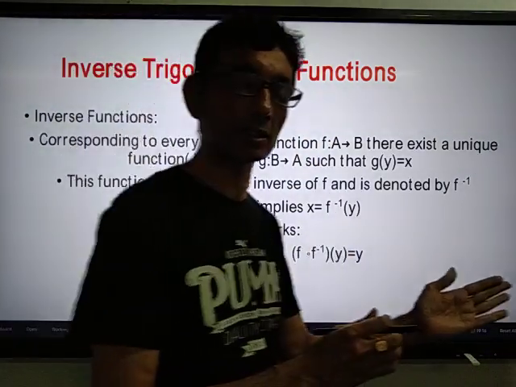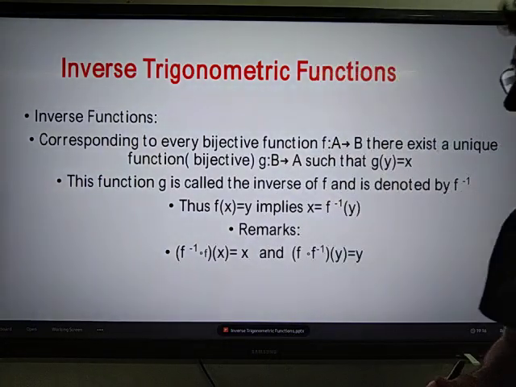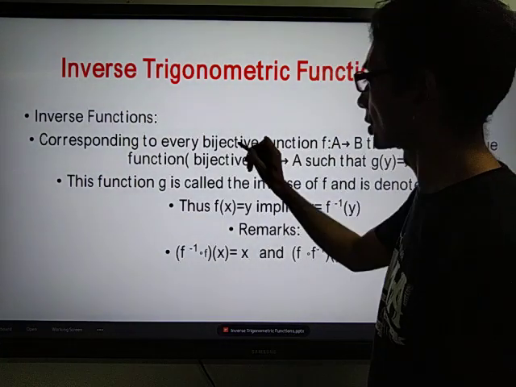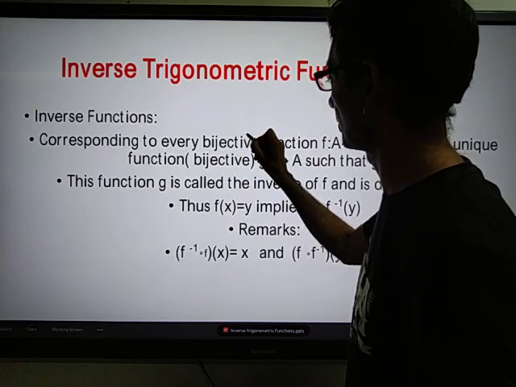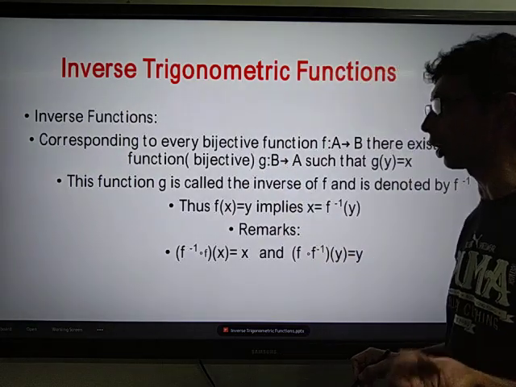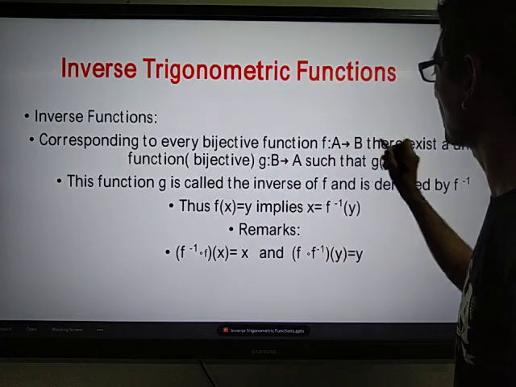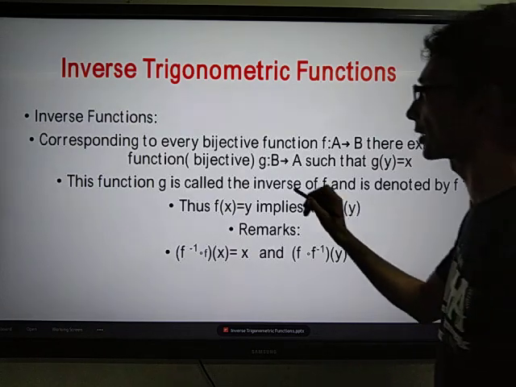Is there any condition required of functions to be invertible? Let us see that. Corresponding to every bijective function, bijective meaning 1, 1 and onto, from A to B, there exists a unique function.